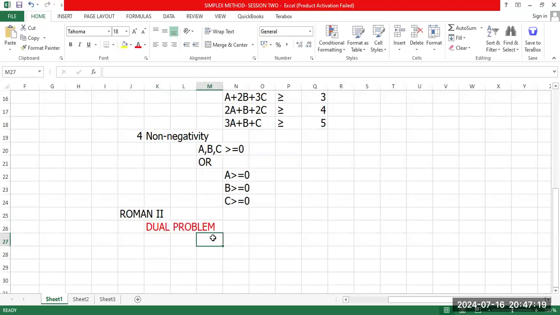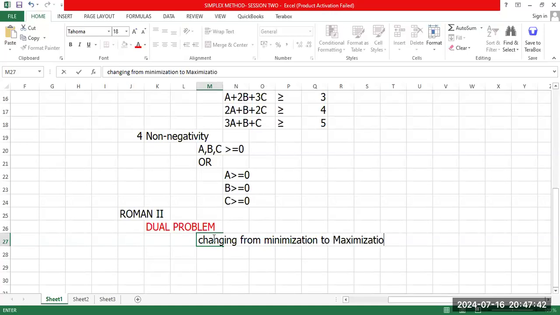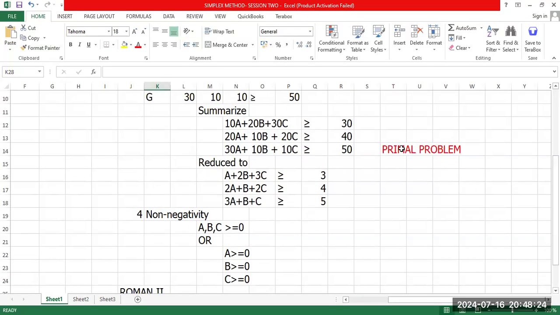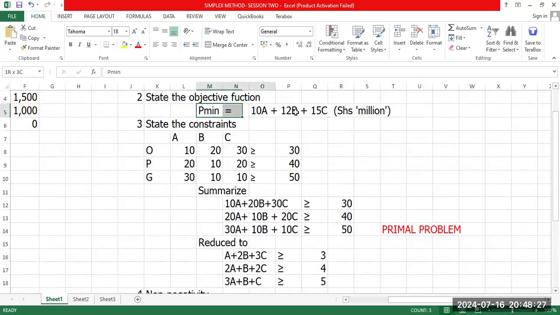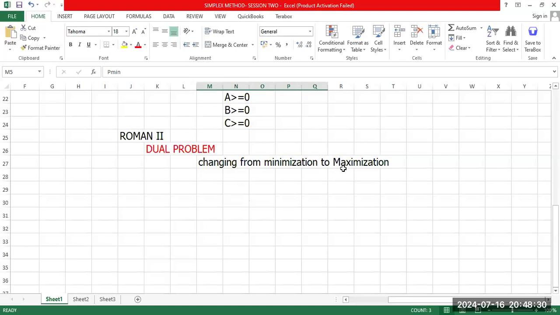Here, you are changing from minimization to maximization. Because the original objective was to minimize, the Primal problem was to minimize, so the dual problem should be to maximize.